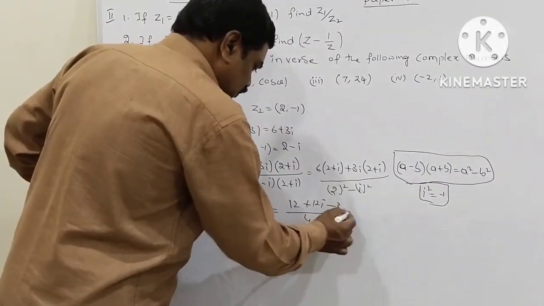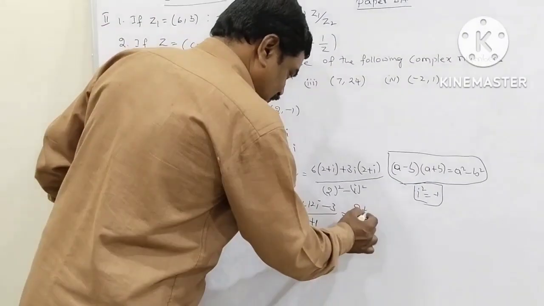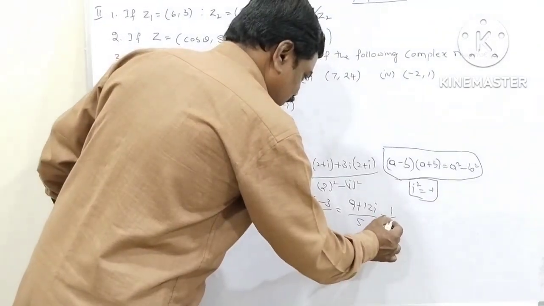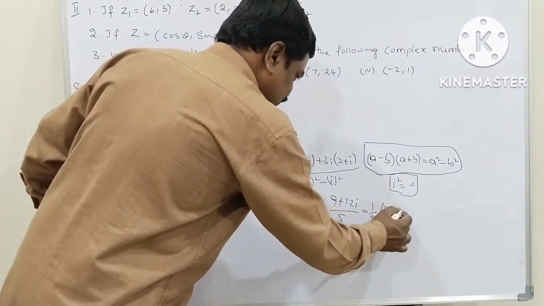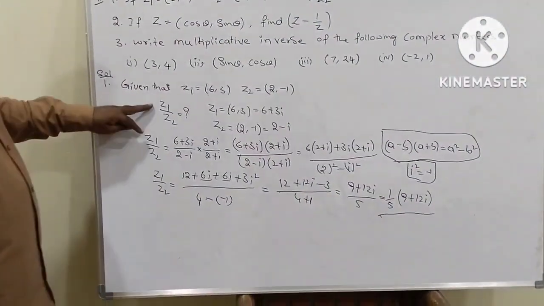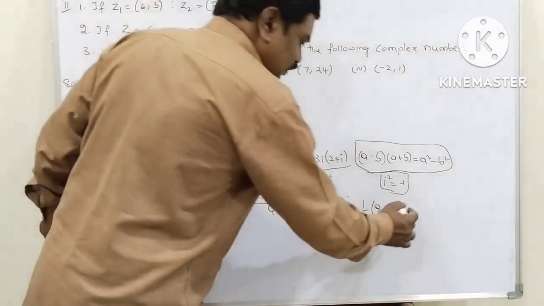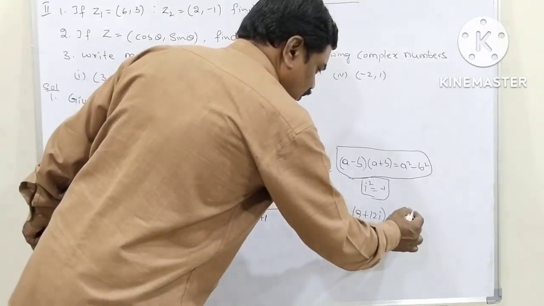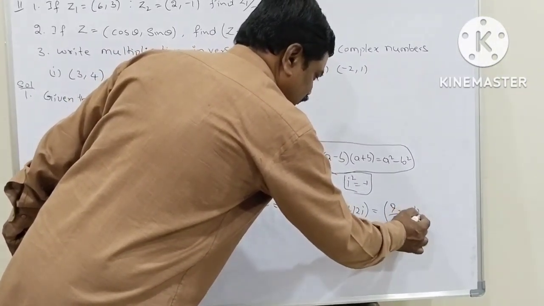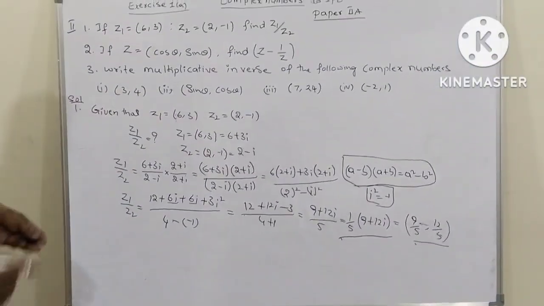This is 12 minus 3, 9, so 9 plus 12i by 5, equal to 1 by 5 of 9 plus 12i. This is z1 by z2. So it can be written in ordered pair form as (9 by 5, 12 by 5). This is the resultant complex number.